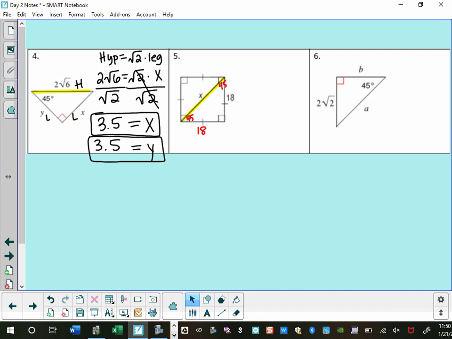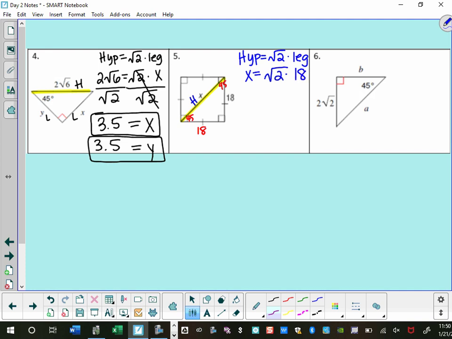All right, so I had the hypotenuse is equal to root 2 times my leg. What is my hypotenuse here? It is x. Good. Equals root 2. Chris, what is my leg? 18. All right, because we have everything on one side, this should be easy to solve.